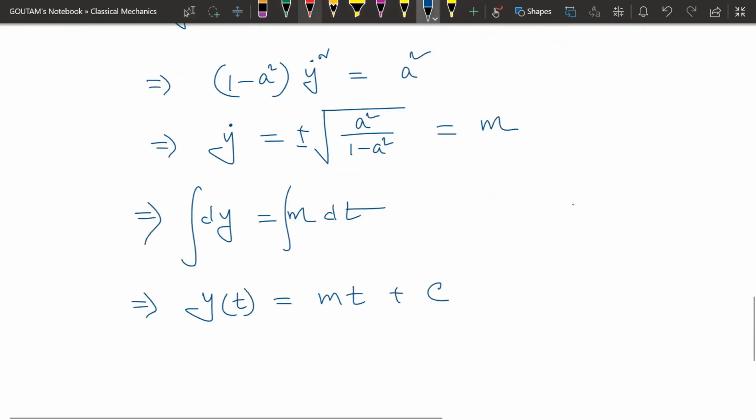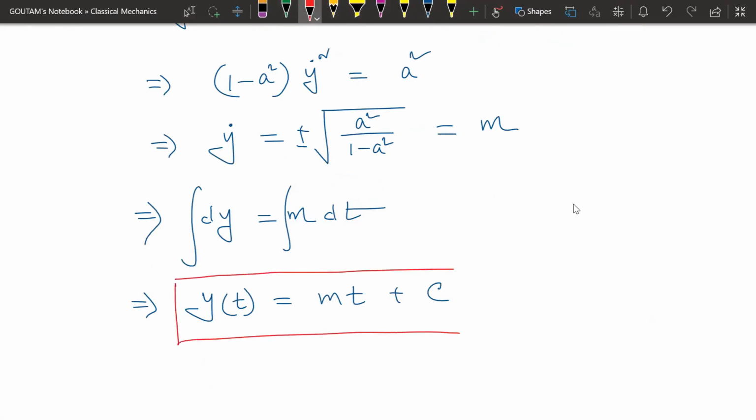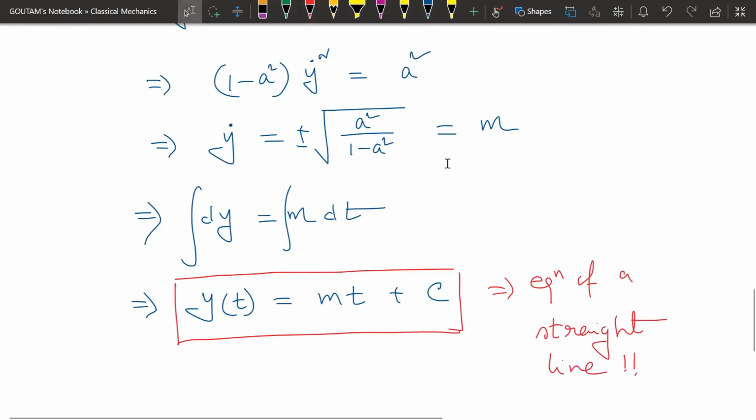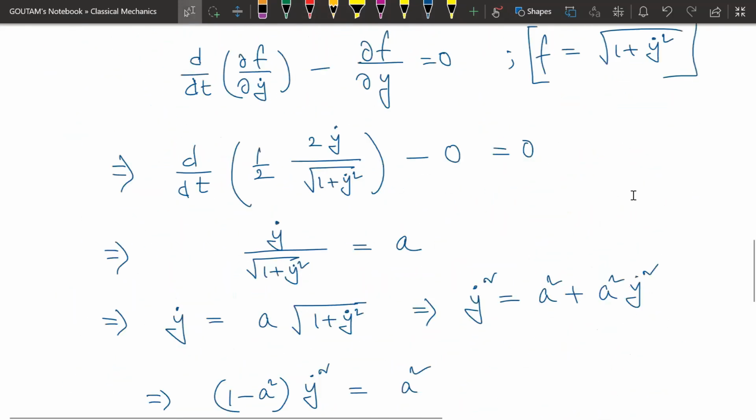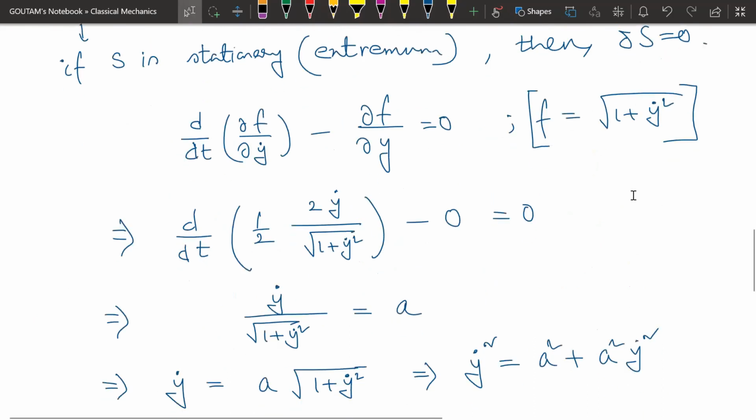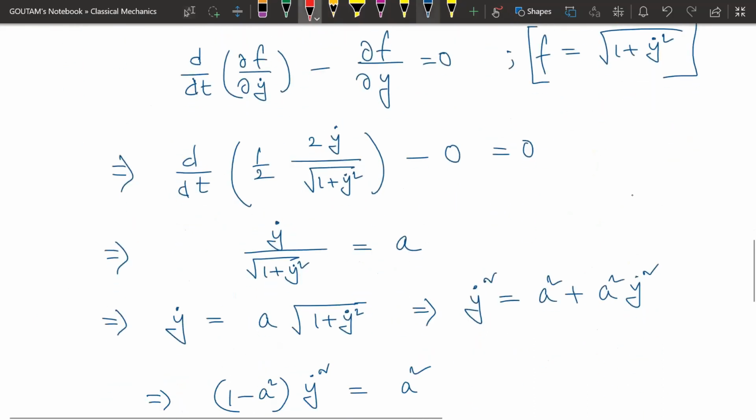So now you recognize this equation. This is the equation of a straight line, as we expected. Sorry, this is not dt actually.